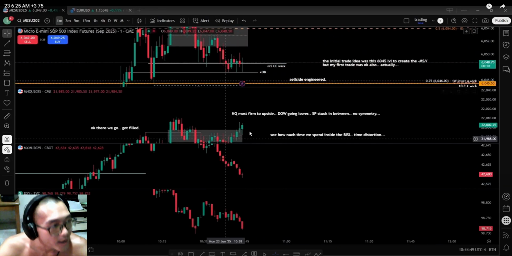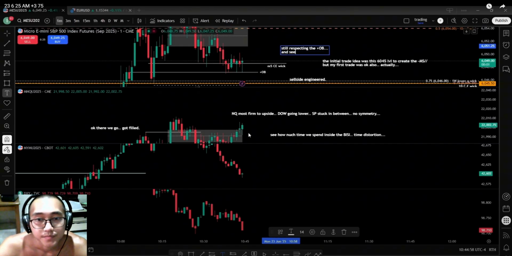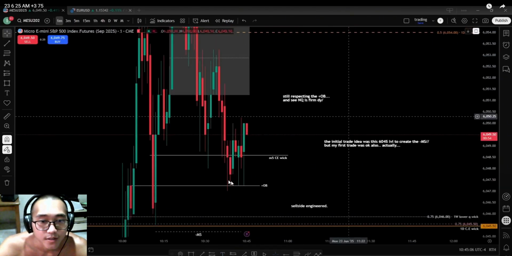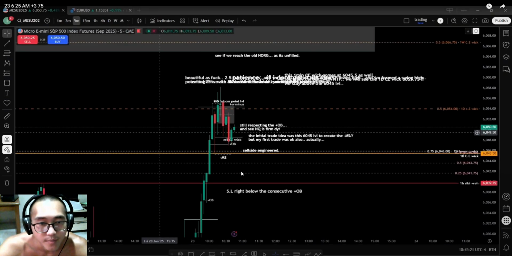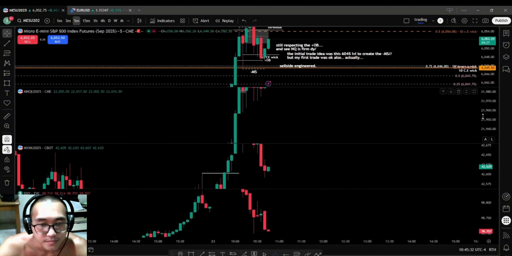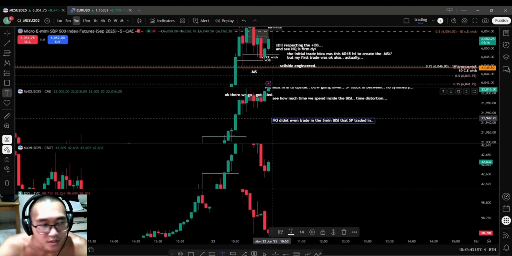We may go higher easier. Doesn't mean that if the dollar goes lower, you will definitely go higher 100%. Right now I see it's still respecting the old order block beautifully like that, so that is letting me trust that I want to reach higher, right now with the dollar giving the green sign already.